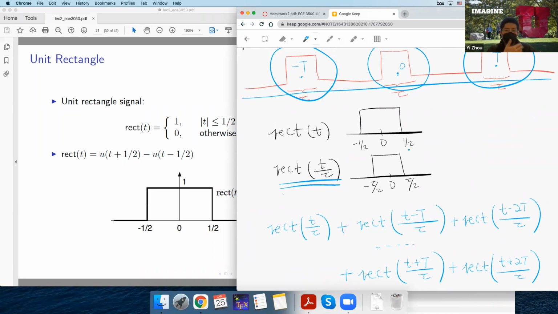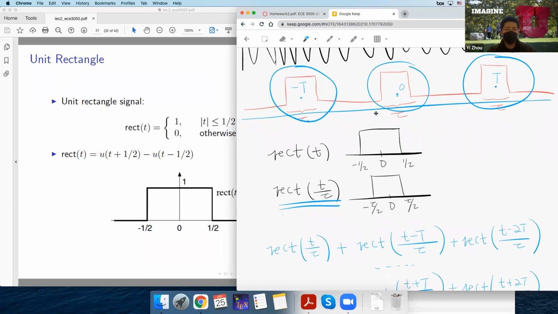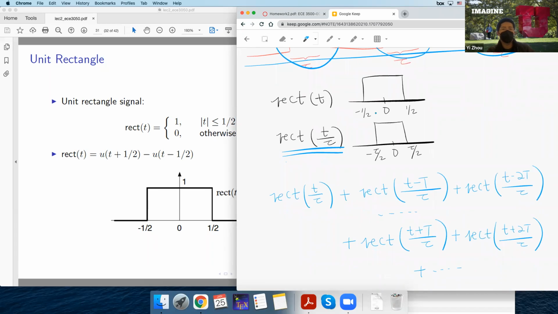And I would like you to be able to, starting from this picture, write down the rigorous mathematical formulas that describe this signal. This helps you understand time shifting and time scaling in a mathematical way.